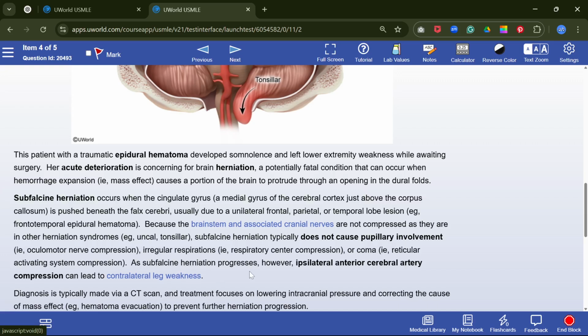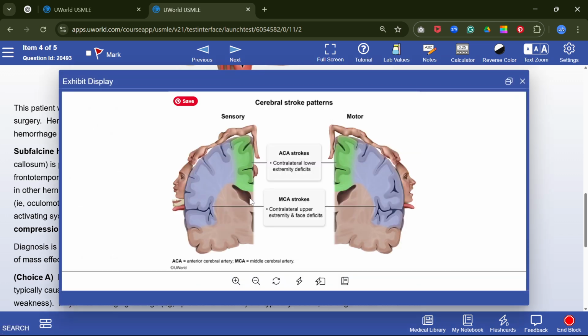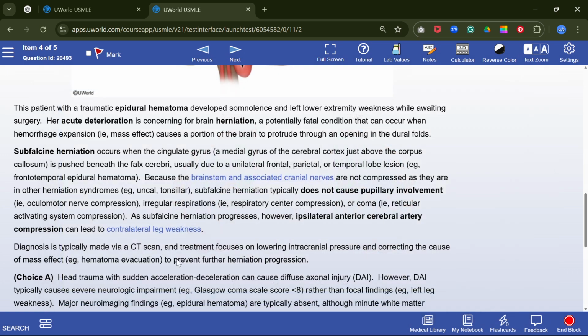As subfalcine herniation progresses, however, ipsilateral ACA compression can lead to contralateral leg weakness. So right ACA compression causes left-sided weakness. Diagnosis is typically made via CT scan, and treatment focuses on lowering intracranial pressure and correcting the mass effect, like hematoma evacuation, to prevent further herniation progression.